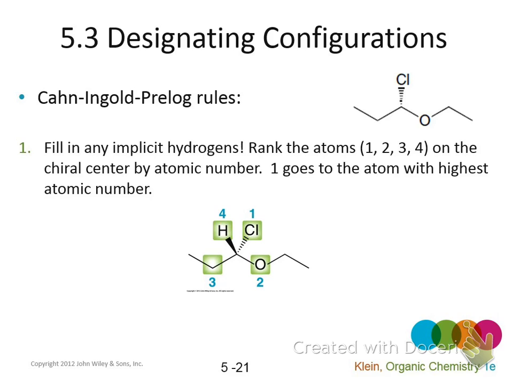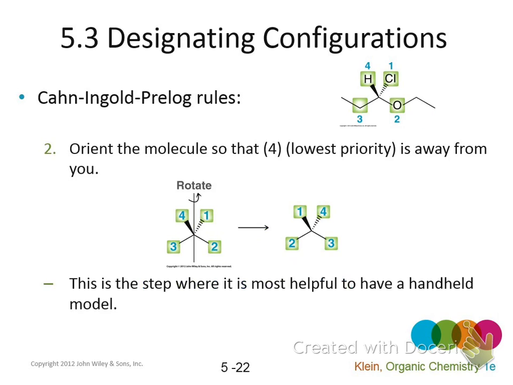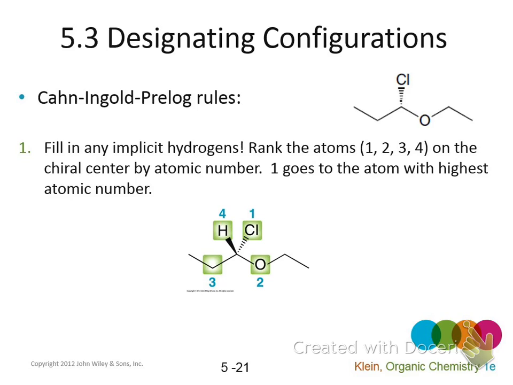If you want to redraw this molecule in a different configuration, and this is actually what I'm using these slides for, H and Cl, I'm going to switch those because I want 4 in the back. So I'm going to put 4 back here, and I'll put 1 up here now.